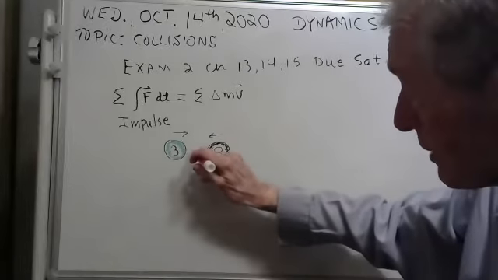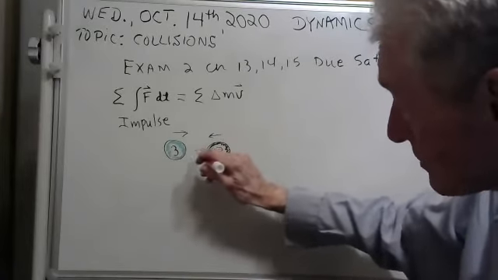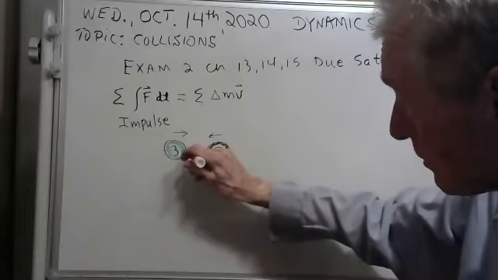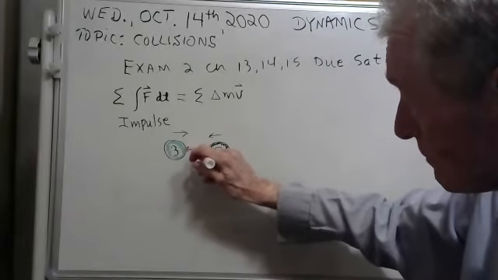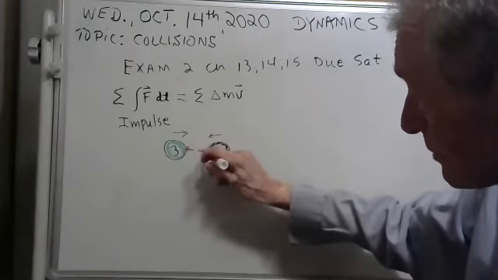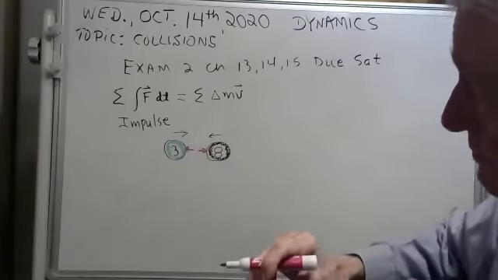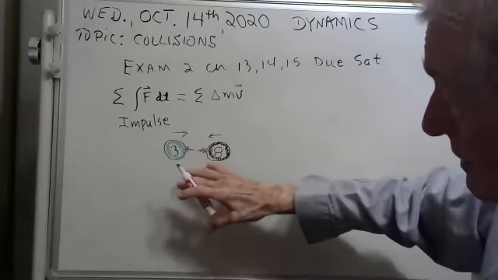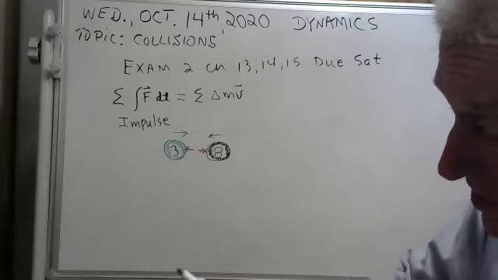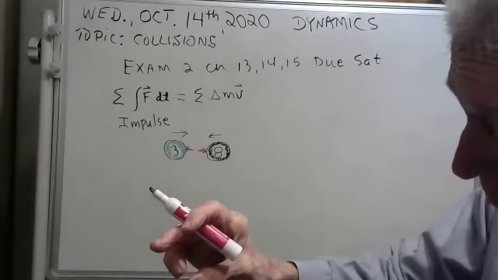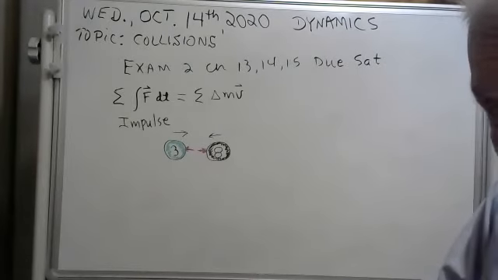But here's the point. When they hit, that 8-ball puts a force on the 3-ball, and the 3-ball puts a force on the 8-ball. They're equal and opposite, and the collision happens real fast. It's just a click, just a sharp click. It's a tiny fraction of a second.